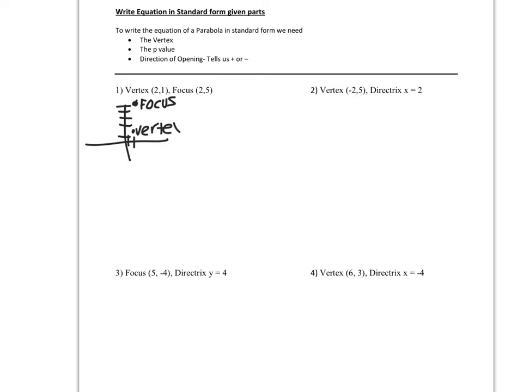So just by looking at this picture, we know that the focus lies inside the parabola. So we know that my parabola is going to look like this. Okay, so we know that it opens up and has a horizontal directrix.